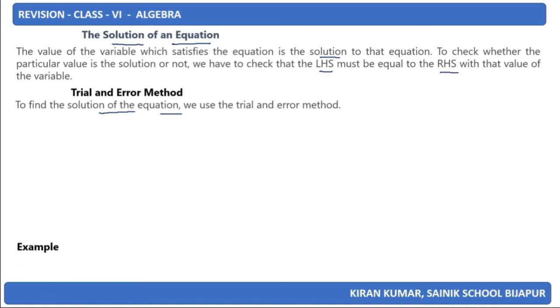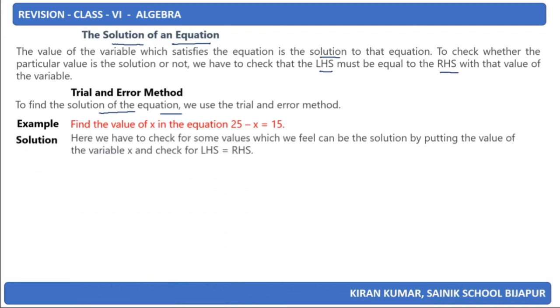For example, find the value of x in the equation 25 minus x equal to 15. Here we have to check for some values which we feel can be the solution by putting the values of the variable and checking whether the left hand side equals the right hand side.